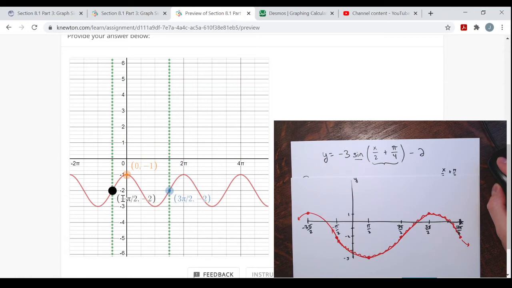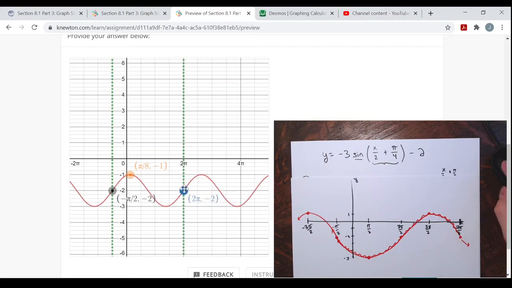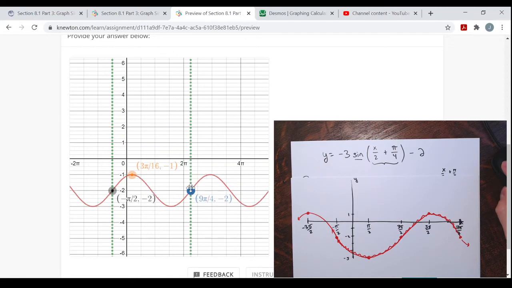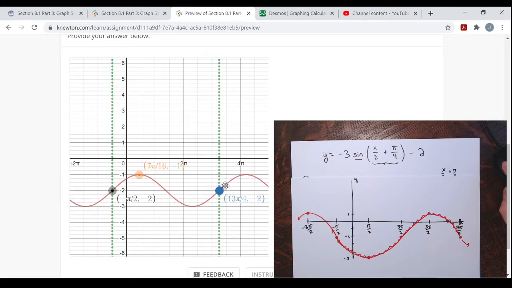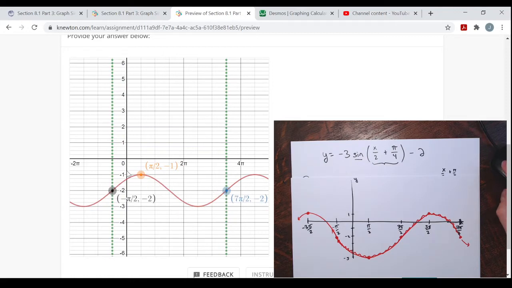There we go. Then this blue dot, I'm going to move to the other end at 7 pi over 2, negative 2, right? That was the end of the cycle. 7 pi over 2, negative 2. So 2 pi is 6 pi over 2. 5 pi over 2. 7 pi over 2, negative 2. There it is. Right. So now the period is 4 pi.